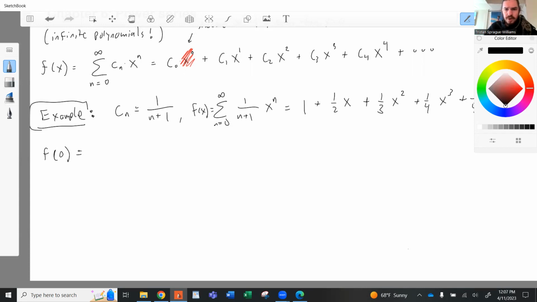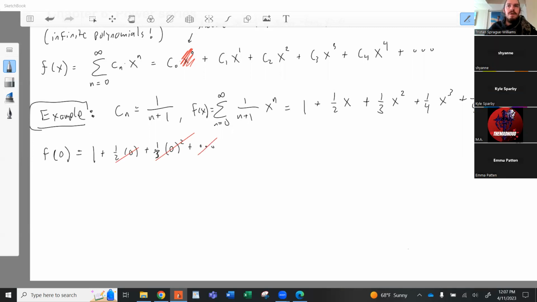If we do f of 0, then what you get is 1 plus a half times 0 plus a third times 0 squared plus ... Obviously, anytime you multiply by 0 or 0 squared or 0 cubed, those are all going to be just 0, so those all go away.